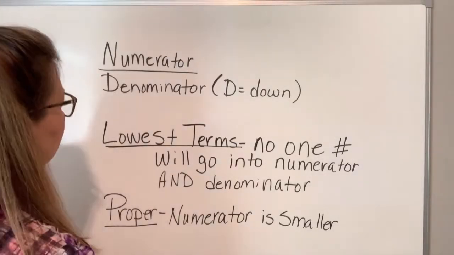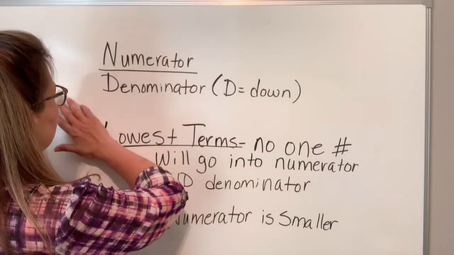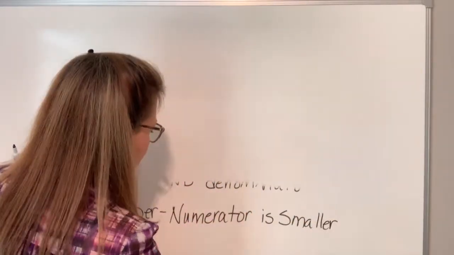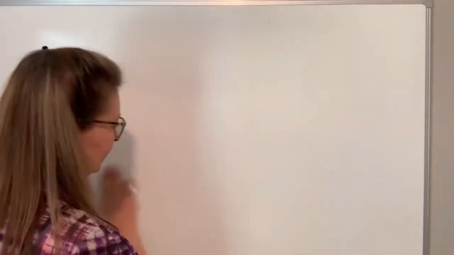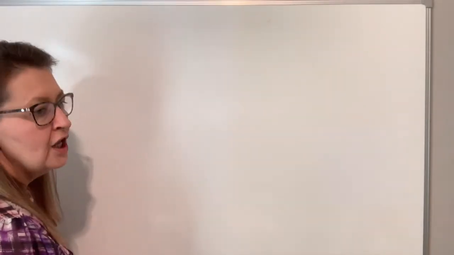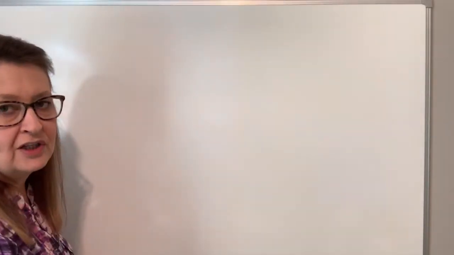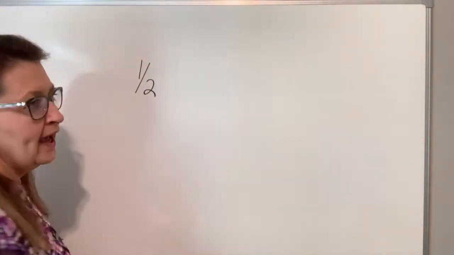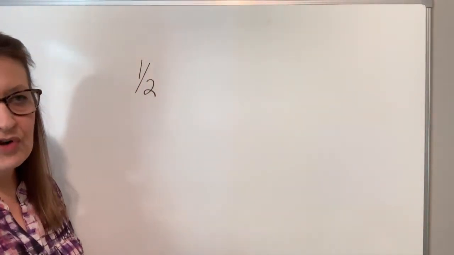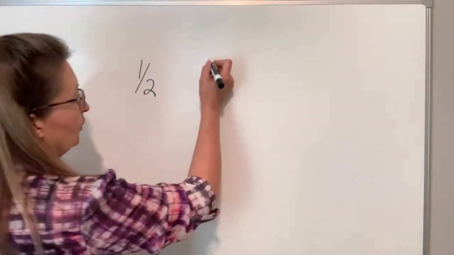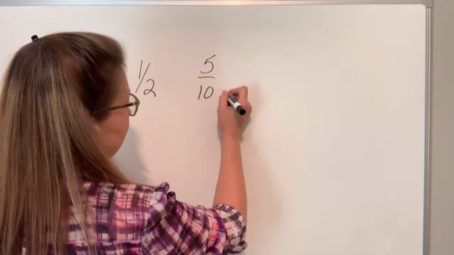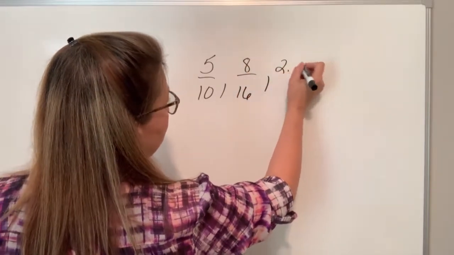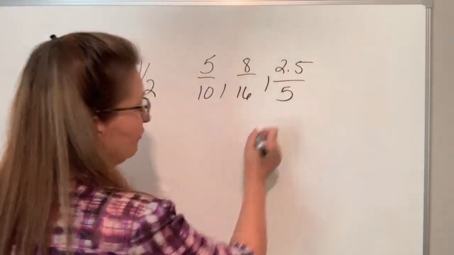Okay? Now, let's talk first about putting your answer in lowest terms. Most of the times your directions will say that you need to leave it in lowest terms, but if it doesn't, you always need to leave a fraction in lowest terms, and this is why. If you look at the fraction 1/2, how many different ways are there to write 1/2? Well, you could put 5/10, you can put 8/16, you could even put 2.5 over 5.